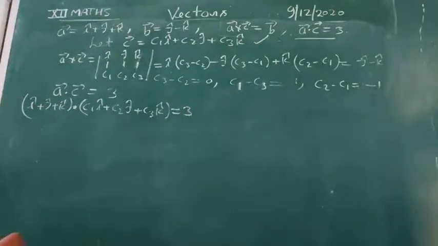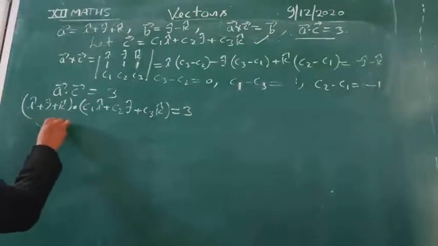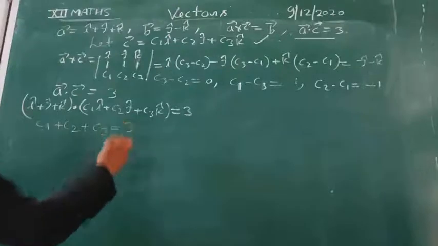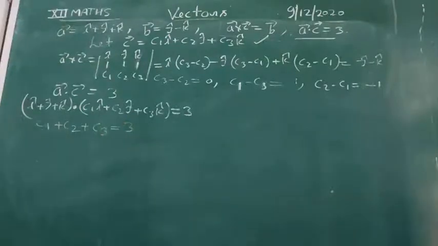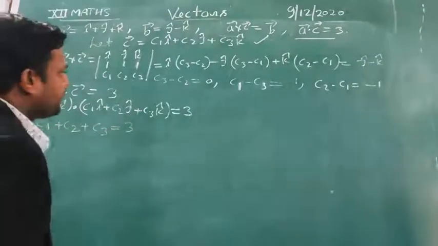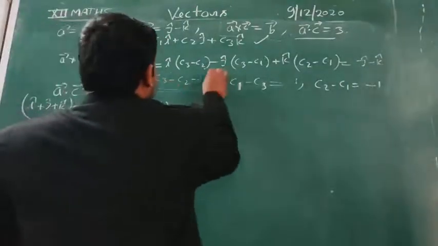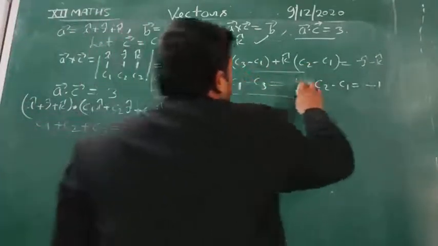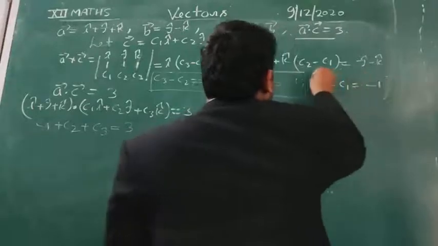Now taking the dot product, we get C1 plus C2 plus C3 is equal to 3. Okay, student.